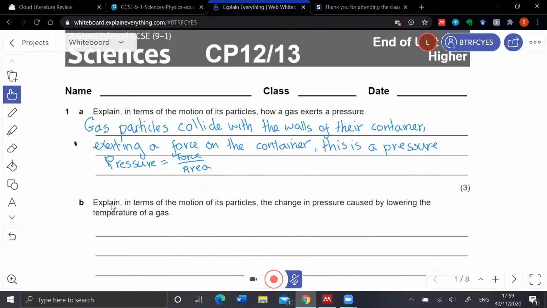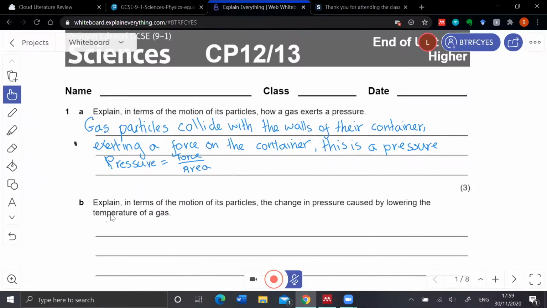Explain in terms of the motion of the particles the change in pressure caused by lowering the temperature of a gas. Gas particles are always moving as long as the temperature is above absolute 0.